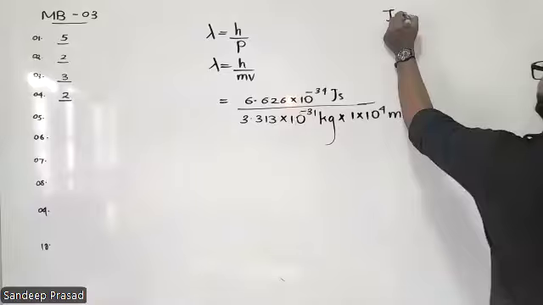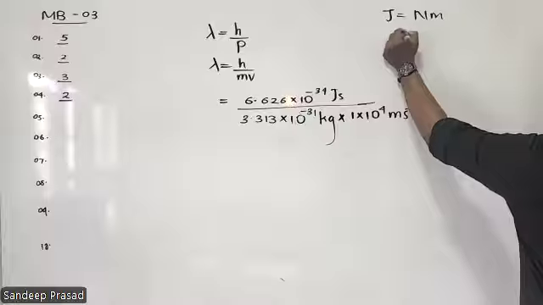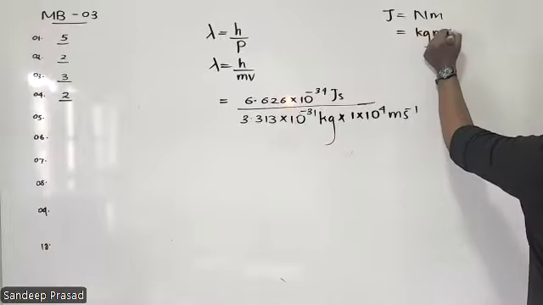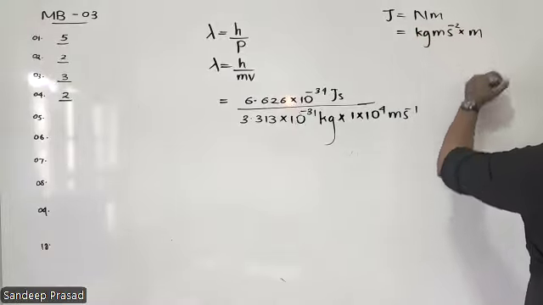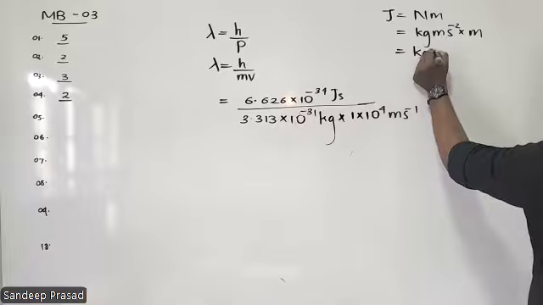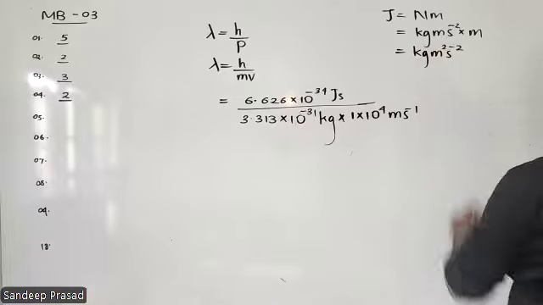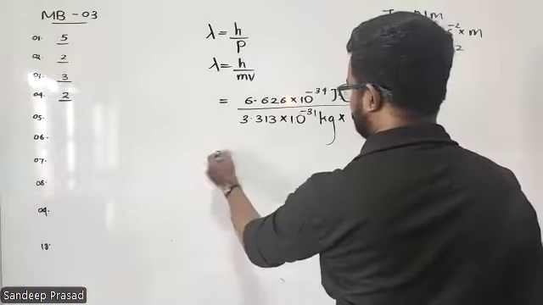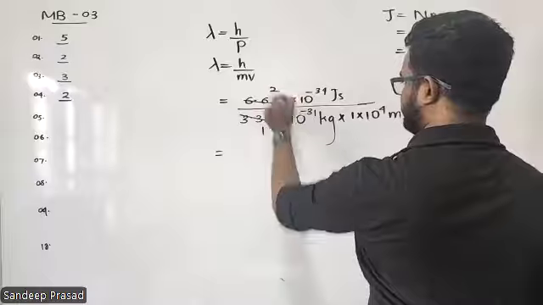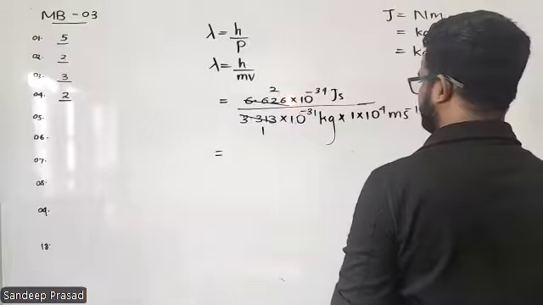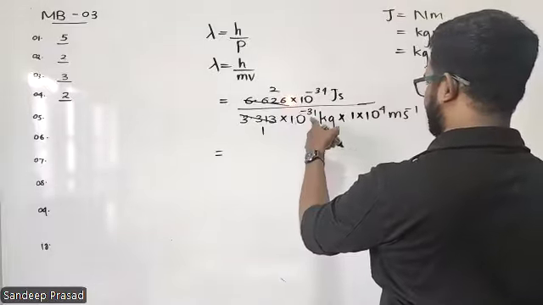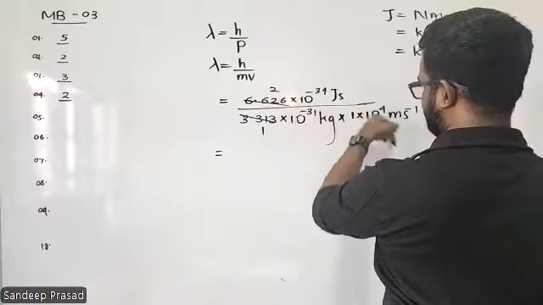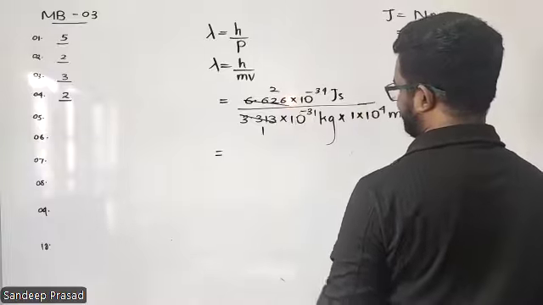So joules means what? Joules means Newton meters. Newton means kilograms meter per square second. And here meter, and kilogram meter squared per second squared. So here 1 and here 2. Then 10 to the power 4 is going there, 10 to the power minus 38.